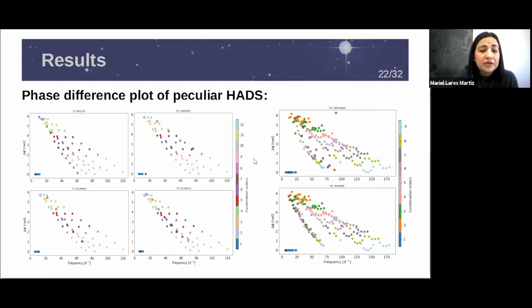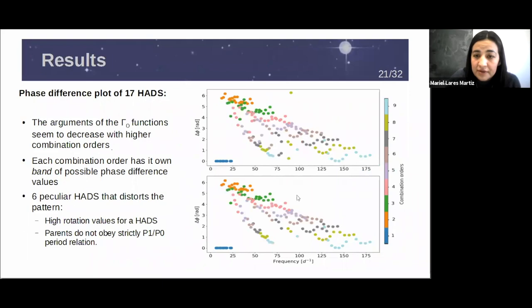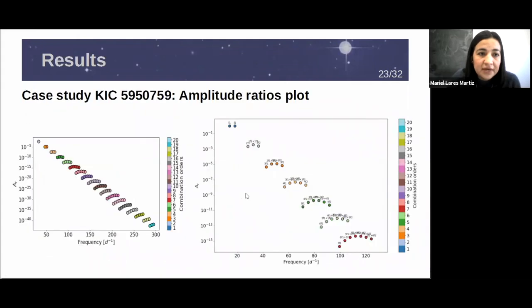I don't know how rotation could influence the phases, but this is very interesting and a matter of future work. But I extracted them from the set, so I had this in the end for the phase for the first 9 orders of combination. So let's check the amplitude ratios for these high amplitudes.